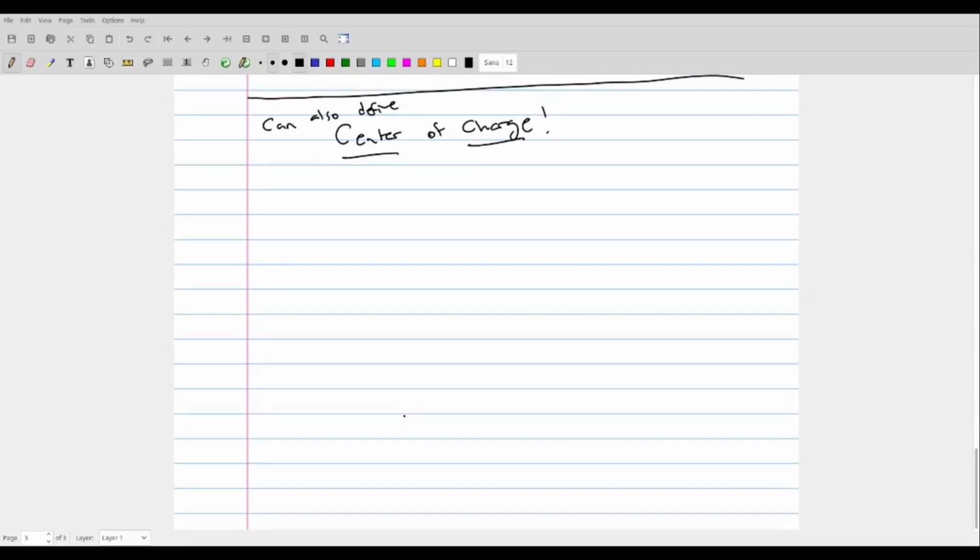And I think I have enough space on this page. I'll also include the centroid on this page.